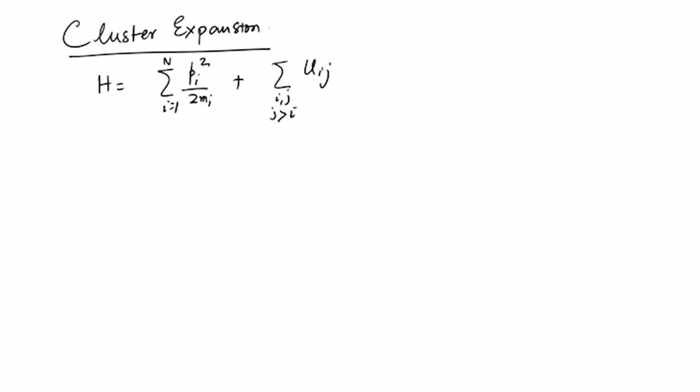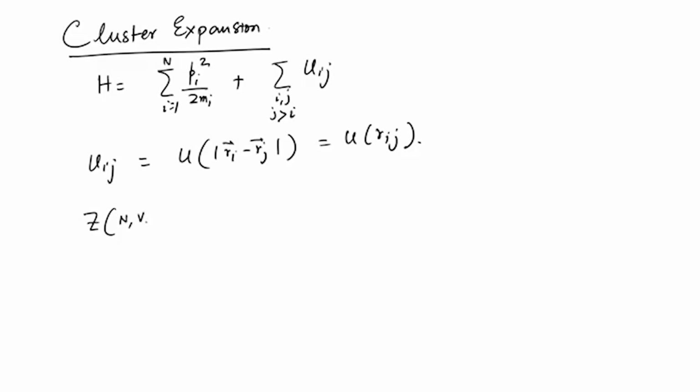Or if you do not assume anything, then you put a factor of half, but let us just carry on without any half factor, because in order to avoid double counting we have this condition. Once again u_ij is actually u of r_i minus r_j as earlier. So, this we call u(r_ij).